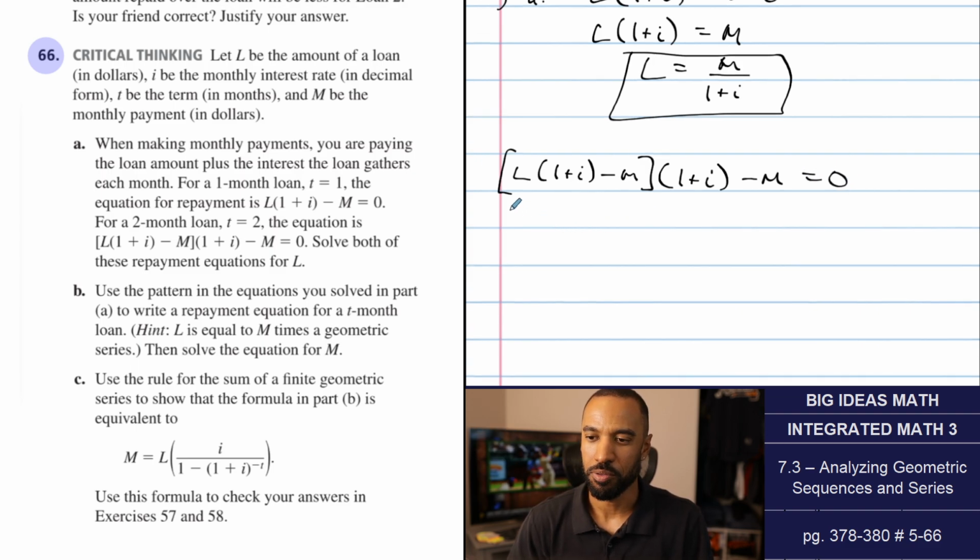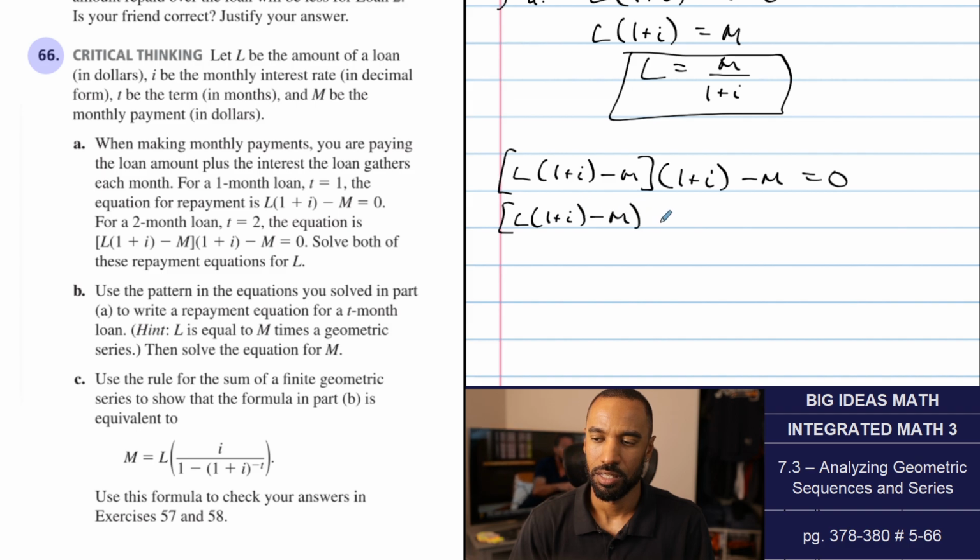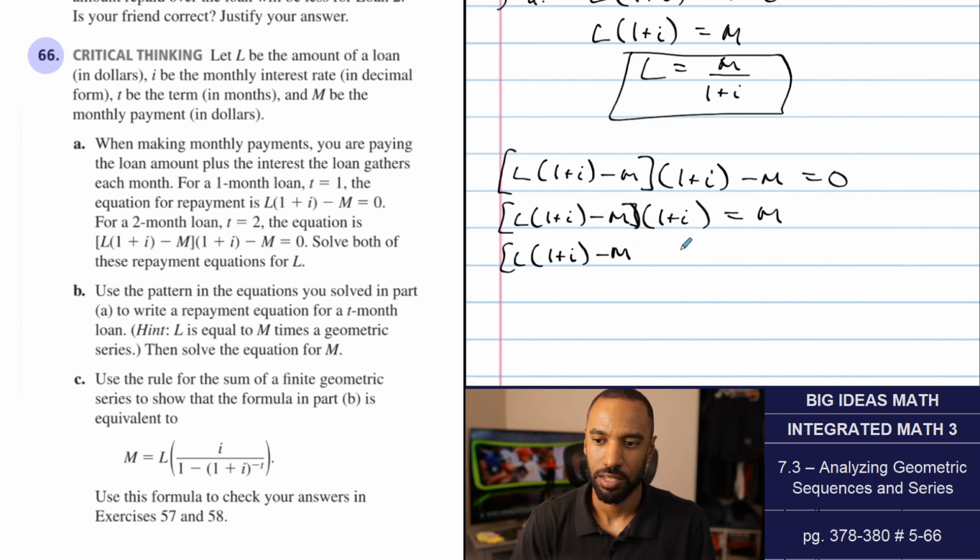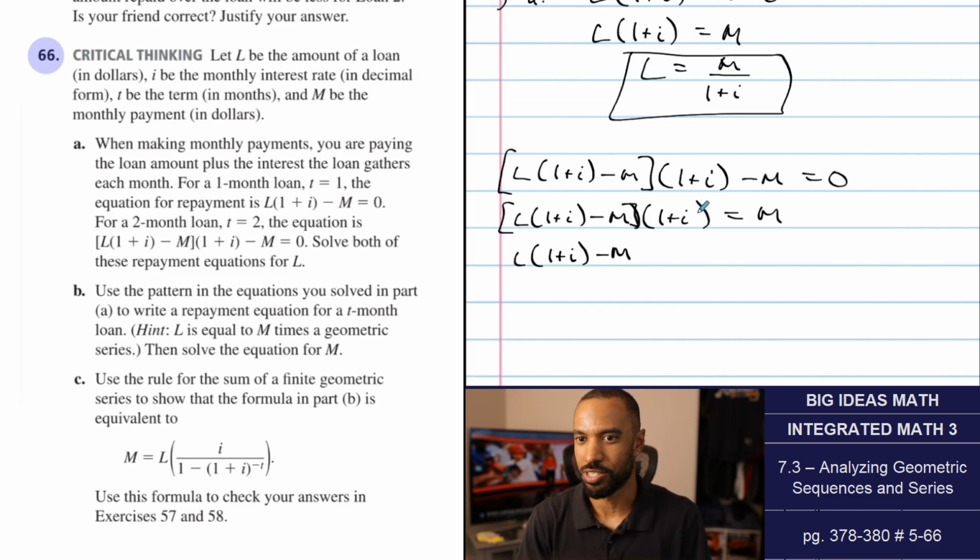First, we'll add M to both sides. Then we'll divide both sides by 1 plus I. This is probably the basis for how the formula works. I don't know. It's probably the basis for its existence.